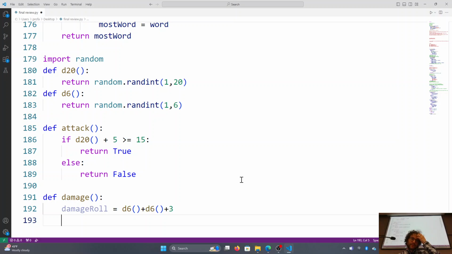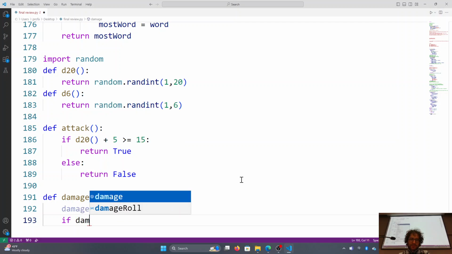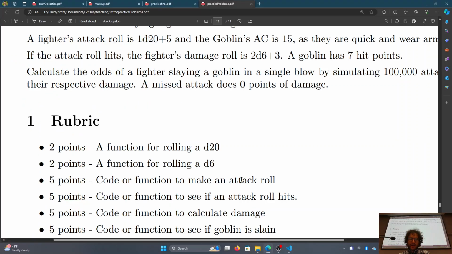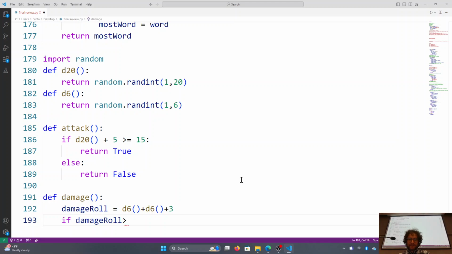Okay. And then finally, let's see, what was the other thing? All right, now we have to see if it's enough to slay the goblin. If damage roll is greater than or equal to 7, right?